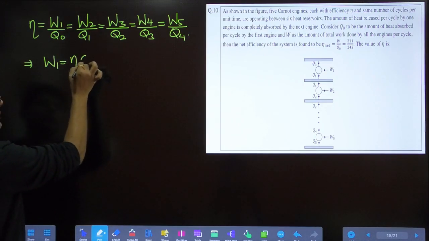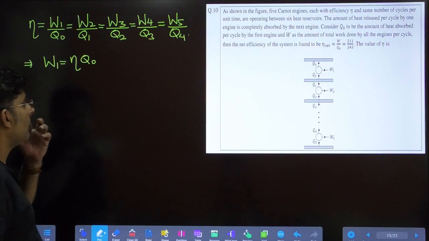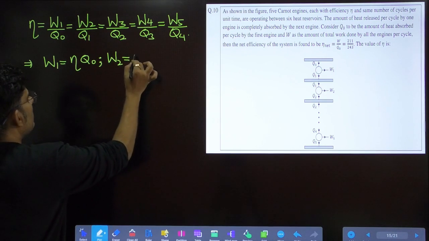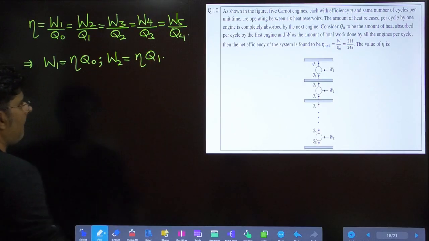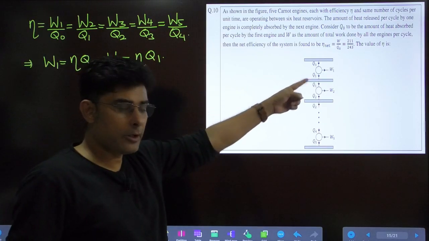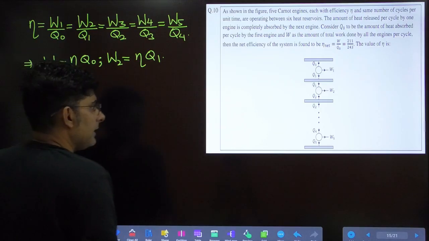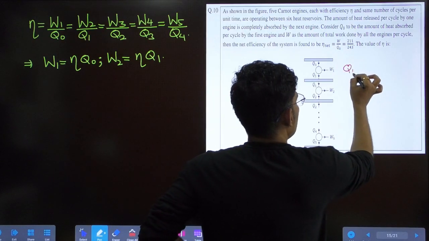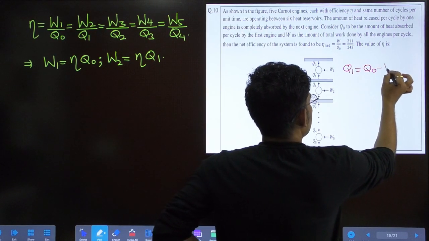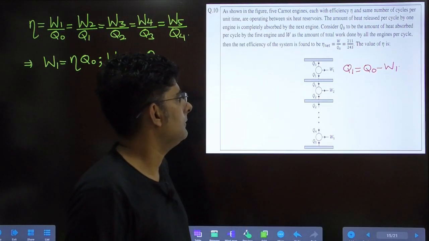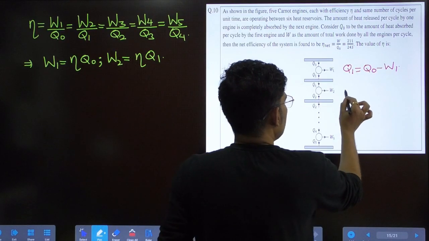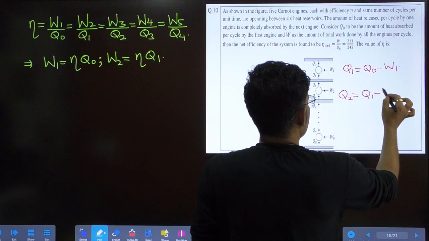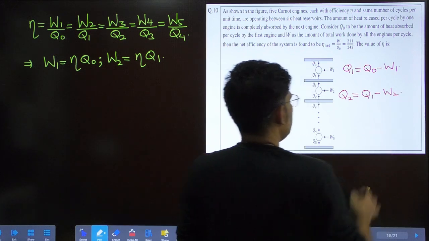W1 can be written as eta Q0. We already got it in terms of Q0. What about W2? W2 is eta times Q1. Can we write Q1 from here? Since Q0 is equal to Q1 plus W1, Q1 is nothing but Q0 minus W1. Similarly, Q2 is Q1 minus W2.